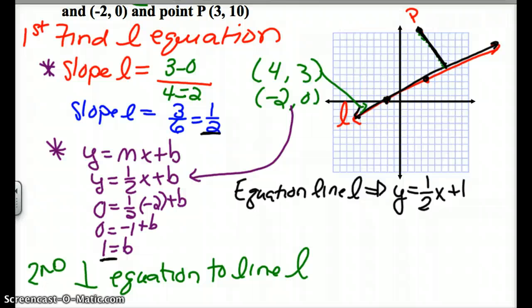So I need to find my perpendicular line right here.